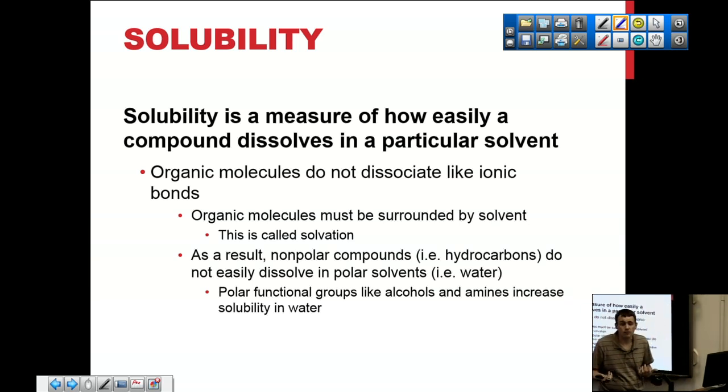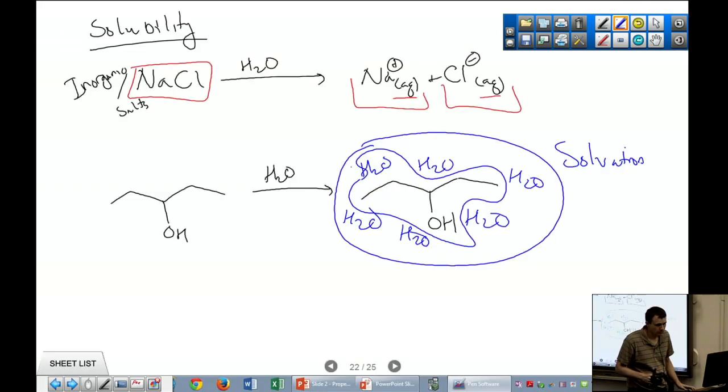Right? So, you can't dissolve pentane in water. Right? But as you add polar functional groups, like alcohols and amines, you will increase your water solubility. All right.